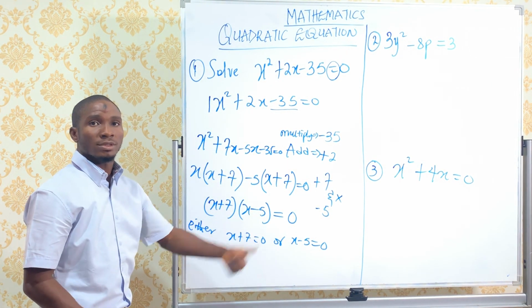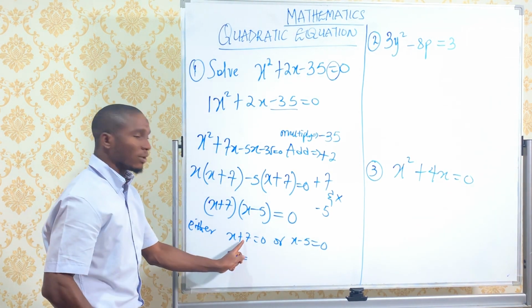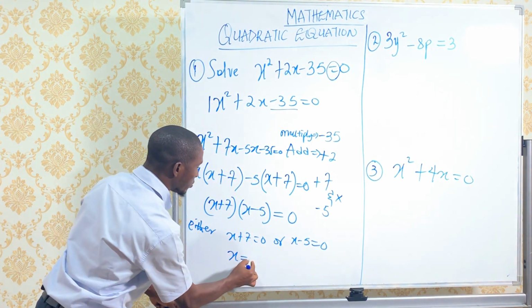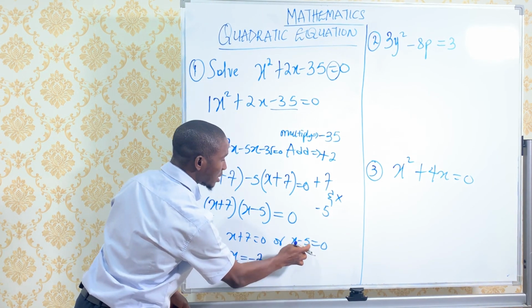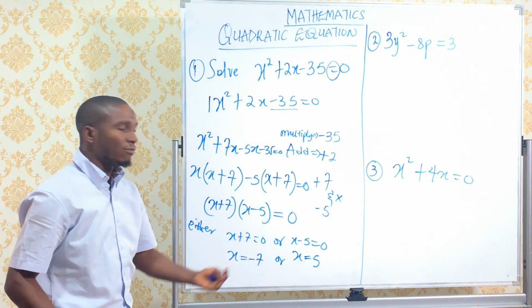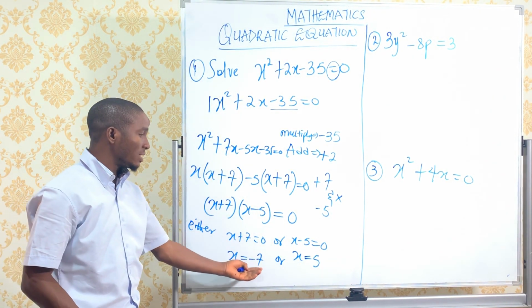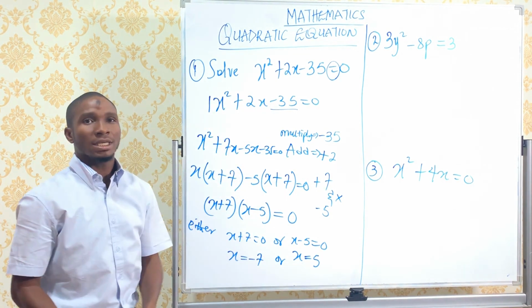Either one of the two is equal to 0. Now x is equal to, this is plus 7, when it comes here it becomes minus 7. Or x, instead of minus 5, when it comes here it becomes 5. So now I have two different answers for x. X equals minus 7 and x equals 5. This is the final answer to this quadratic equation.